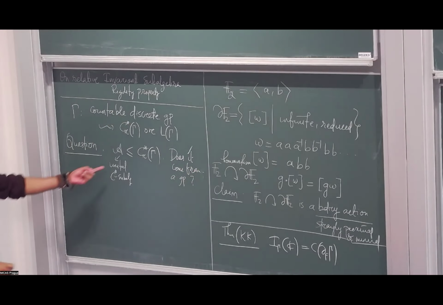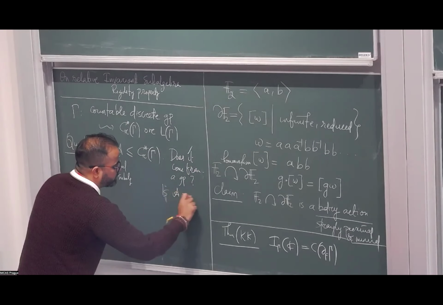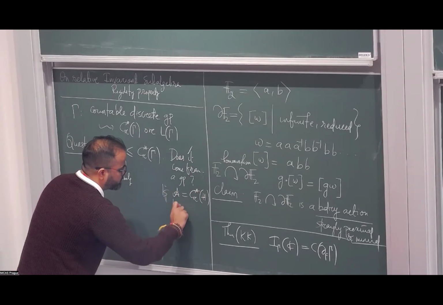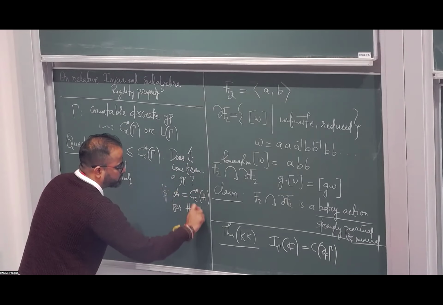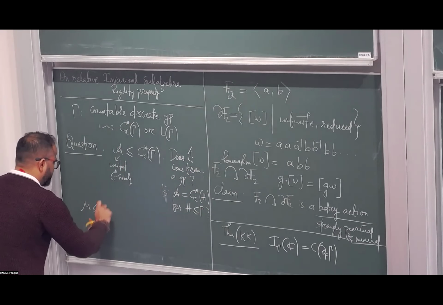In particular, I want to know if A is going to be the reduced group C-star algebra of H for some subgroup H. Or I can also ask the same question for a group von Neumann algebra.